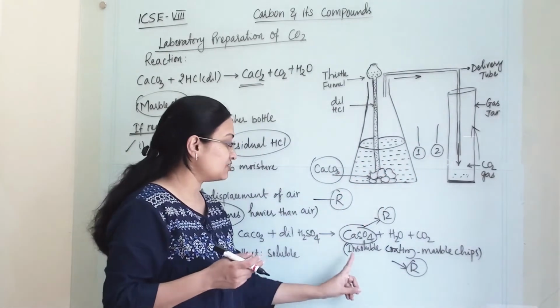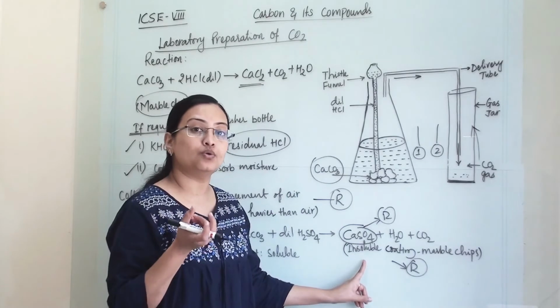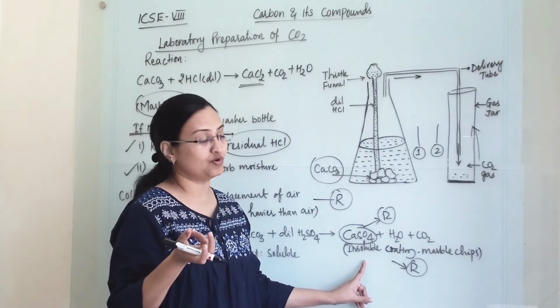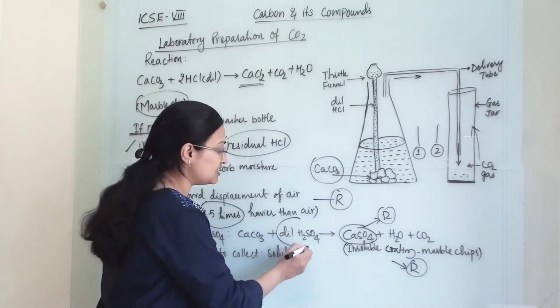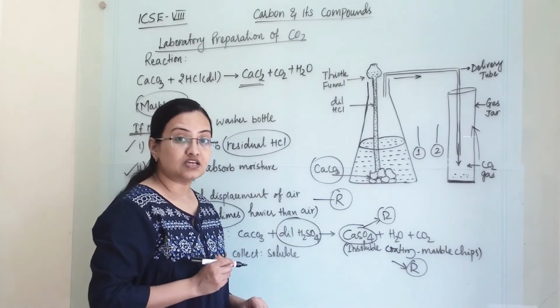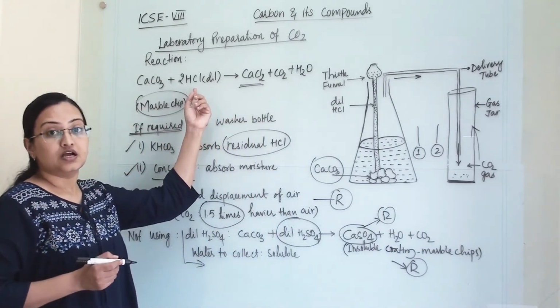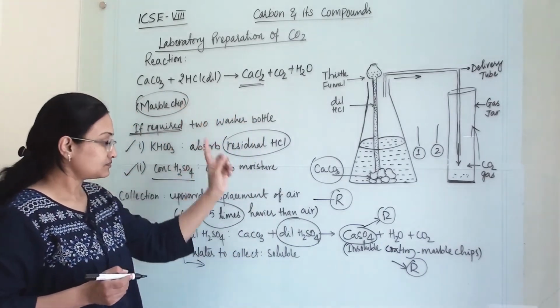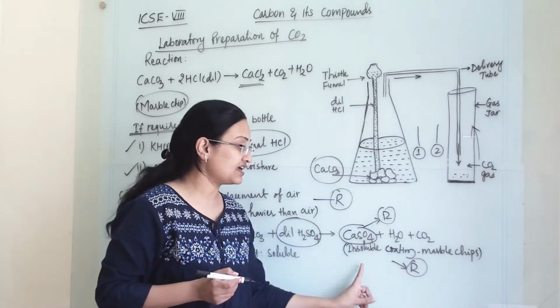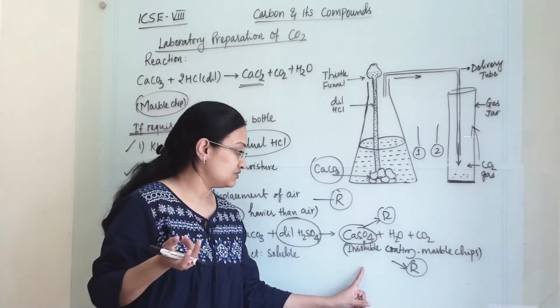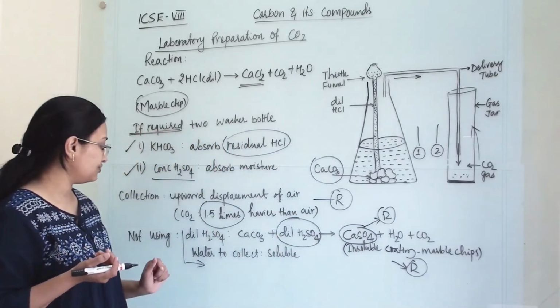So this reaction will stop once that coating forms on the surface of calcium carbonate. That's why we are not using dilute sulfuric acid in place of dilute hydrochloric acid, because the reaction will stop the formation of carbon dioxide gas. So that's why we are not using sulfuric acid.